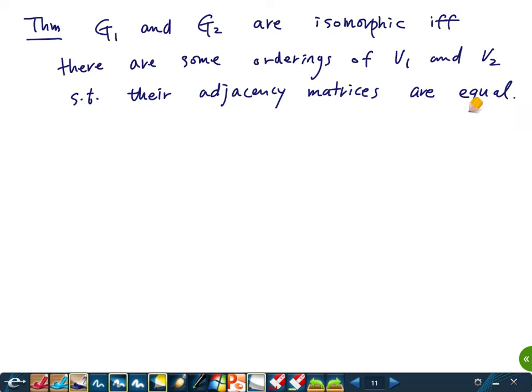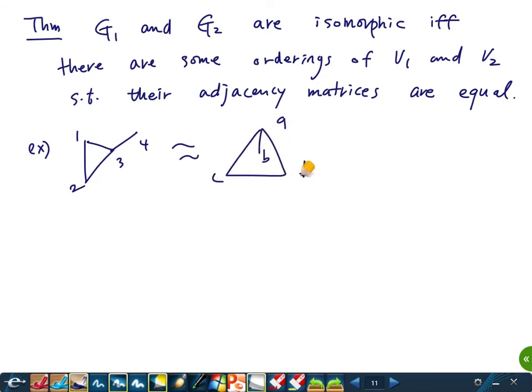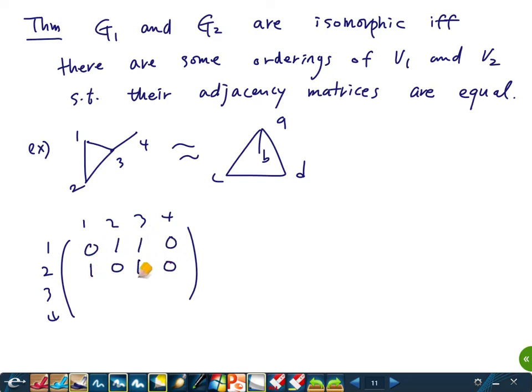For example, I'm using the same example, let me draw this again. 1, 2, 3, 4. We know that these are isomorphic, A, B, C, D, right? So what is the adjacency matrix of this? Let's use the original order, 1, 2, 3, 4. And you can see 0, 1, 1, 0, 1, 0, 1, 0, 1, 1, 0, 1, 0, 0, 1, 0.